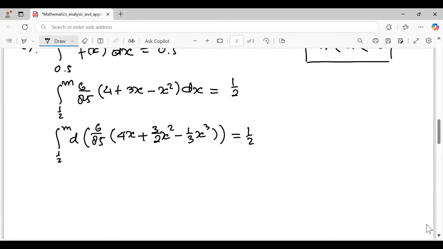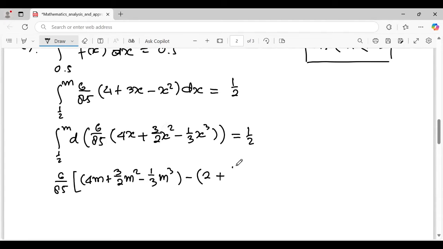As we substitute m and half, it's going to be 6 over 85 times 4m plus 3 half m squared minus 1 over 3 m cubed, minus 4 times half, 2, plus 3 over 8, minus 1 over 3 times 1 over 8, 1 over 24, equals half.